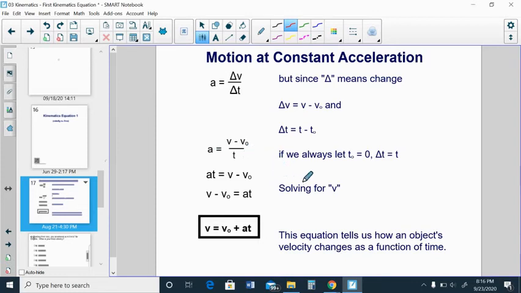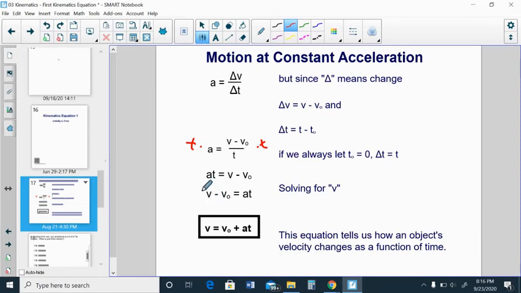Next, we want to start solving for v, so we want to cancel out this t. We'll multiply by time on both sides, which gives us acceleration times time equals velocity final minus velocity initial. We can swap the equation for a moment to make this a little easier.